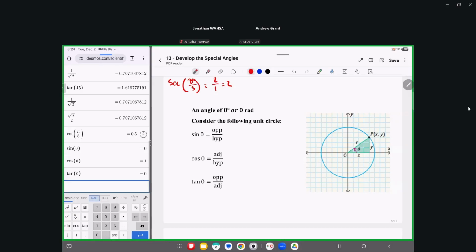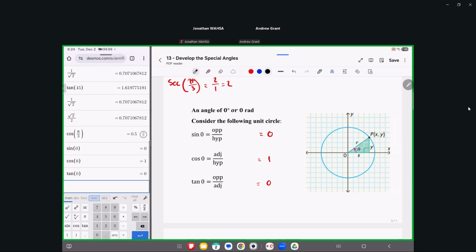So the calculator tells us that we're going to get 0, 1, and 0 with respect to sine 0, cos 0, tan 0. It's much more interesting to figure out, well, why is that the case?